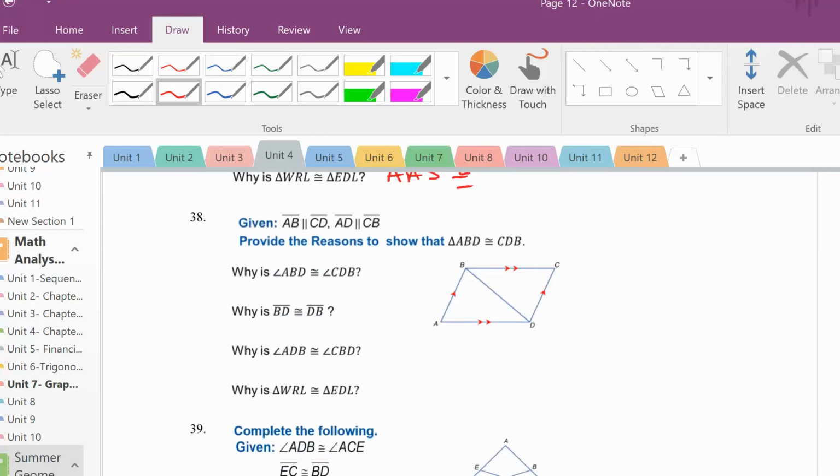All right, 38, it says AB is parallel to CD and AD is parallel to CB. Why is angle ABD, so ABD is here, congruent to angle CDB there? That is because of the alternate interior angles theorem.